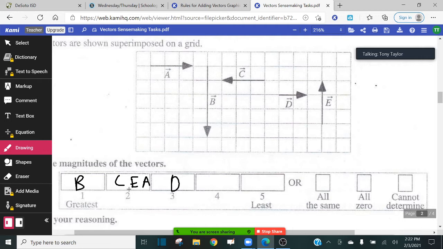I'm just saying you just group C, E, and A together. Yeah, you just group them together, because they're tied. This is 3 units, this is 3 units, and this is also 3 units. So clearly those are tied.